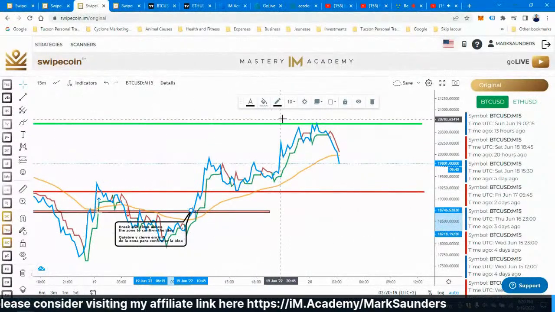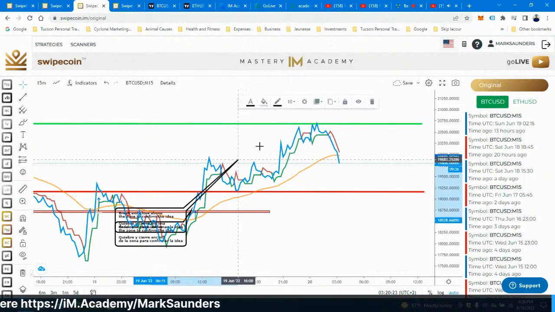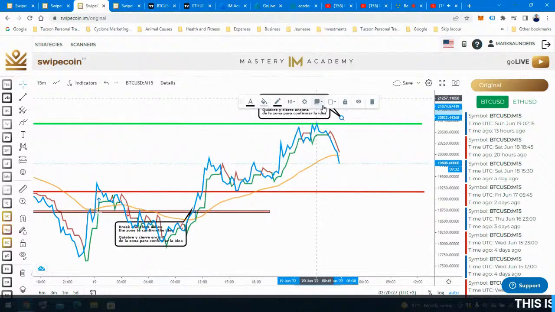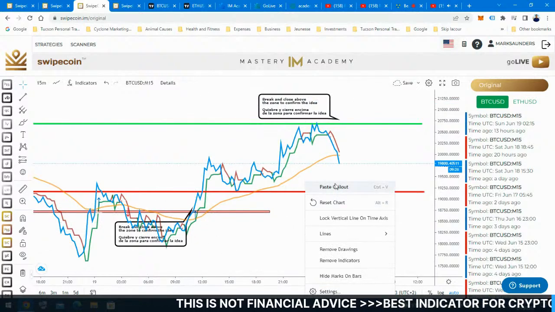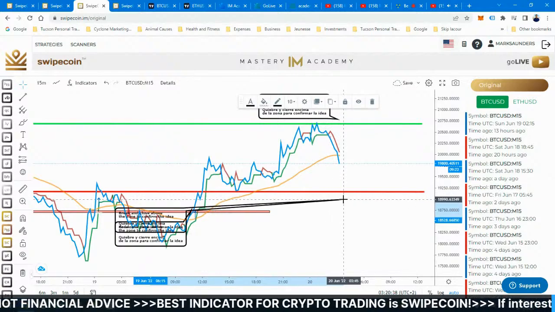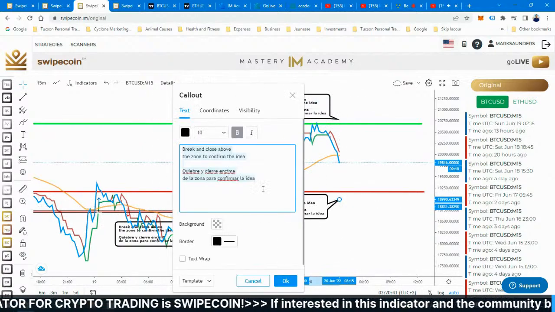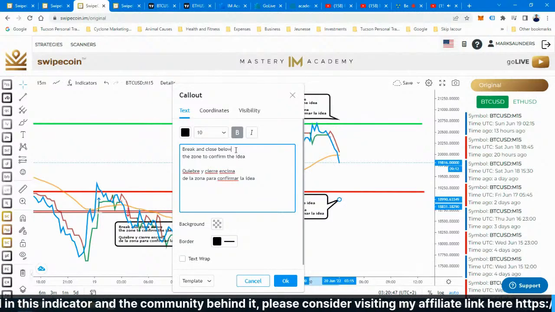If it breaks above, I'm going to consider going long. Doesn't mean I'm going to do it, but I'm going to consider it. And if it breaks below the red, I'm going to consider going short, or that the price is going to go down.